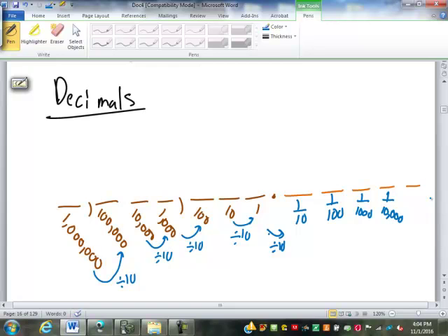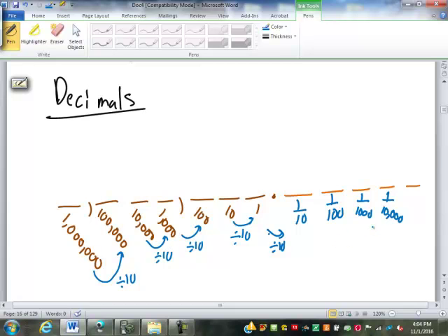Now I get asked a lot, why isn't there a ones place on the other side? Why does it go 1, tens, hundreds, but over here it's tenths, hundredths, thousandths? Well, it's because of what I just showed you. We have to divide by 10 at each spot, and there's no way that you can get a ones on the other side of the decimal point.